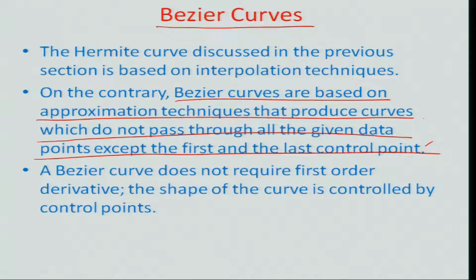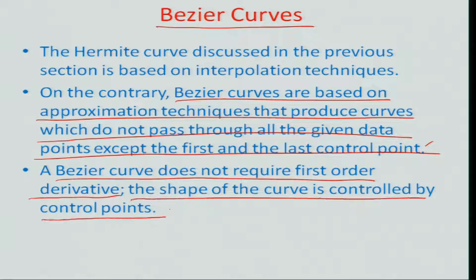So the Bezier does not require a first order derivative, and therefore we can do away with the slope at a certain point, which was a major practical problem with the Hermite spline earlier. And the shape of the curve is controlled only by varying the control points, as illustrated here.